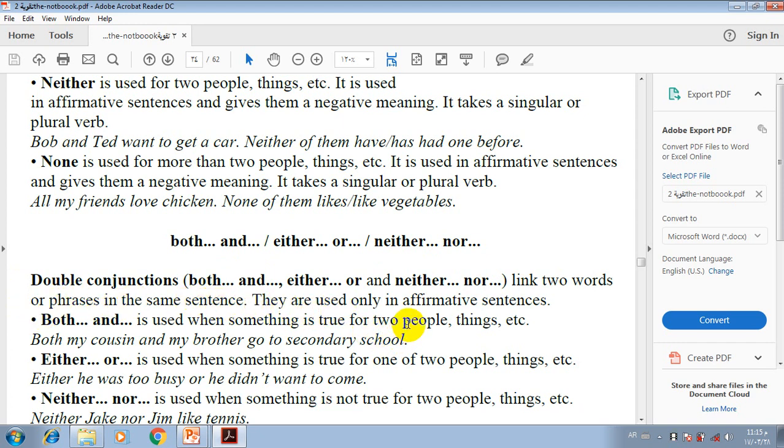They are used only in affirmative sentences. We use both and when something is true for two people or things. Like this example, both my cousin and my brother, they are 2 persons, go to a secondary school.